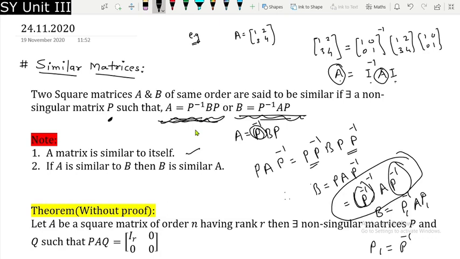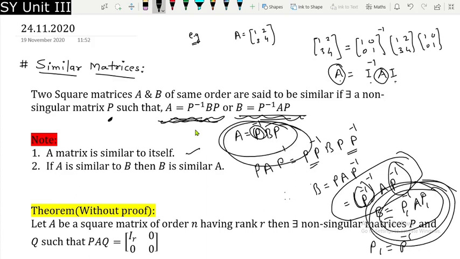So you can see that B can be written as P1 inverse AP1, isn't it? And that P1 is non-singular only because P is non-singular, so P inverse is also non-singular. So whenever this holds, this also holds, and whenever this holds, this also holds. So saying this and this is one and the same.